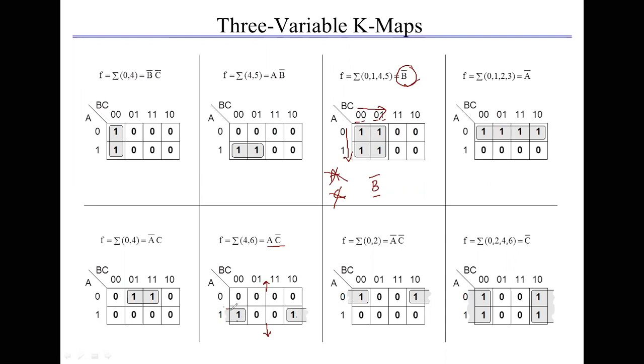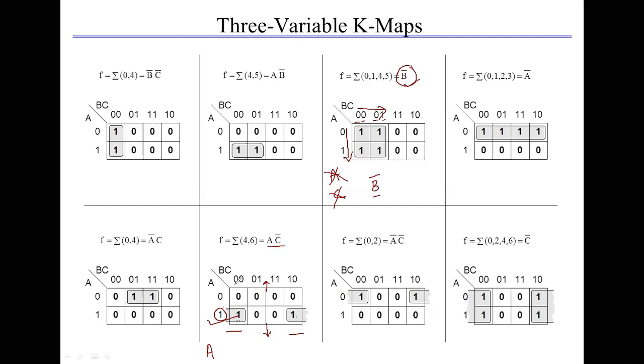After plotting the ones corresponding to the minterms, we get the K-map like this. Now here we have to see this column and this row: second row, first column and fourth column. Here we can see A is 1 for this column and second row. So A is not changing, which means A will appear in the equation.